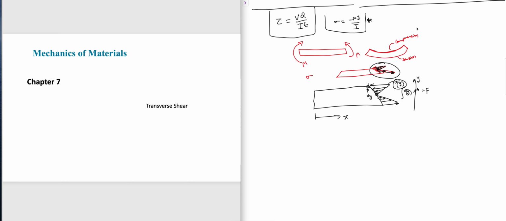That means sigma is a function of y. We have to be more careful here. Y would start measuring from the neutral axis, right? If you go up from the neutral axis, you get positive y. If we go down, we get negative y. Agreed? This is what we discussed in the previous chapter.